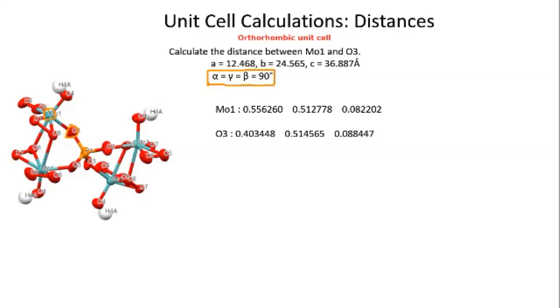If I did this calculation and I got 1.2 angstroms for the bond distance, I would be a little bit shocked, that was probably too short. So, somewhere in the realm of 2 angstroms, but this is a very broad approximation, should be the bond distance between this molybdenum and oxygen atom.